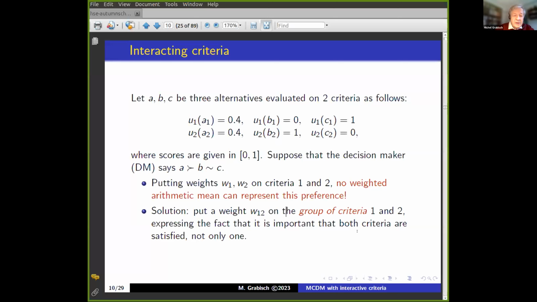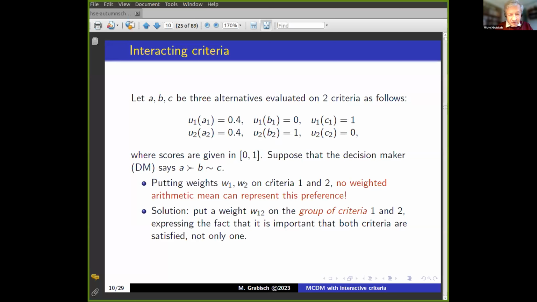Because if you put a weight on this group, it means that for you it's important that both criteria are satisfied. And if you put a very small value, it means that you are not so much interested in having both criteria satisfied. Maybe only one of them is enough. So you see that you get some flexibility in your preference modeling.